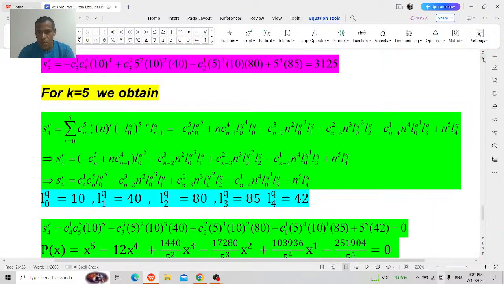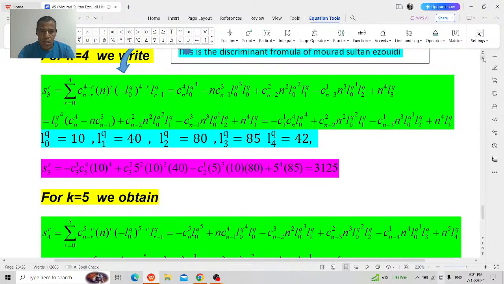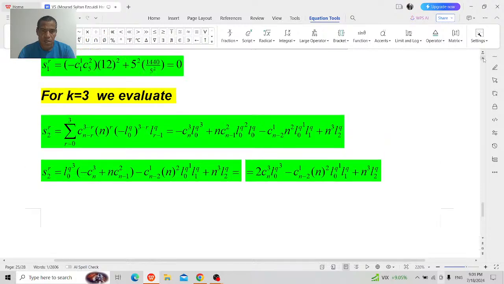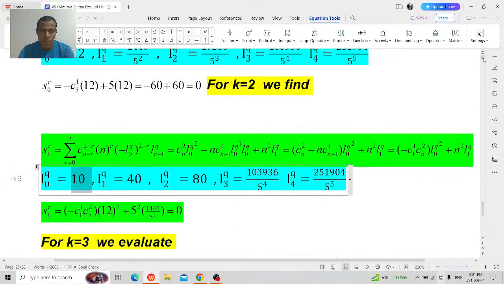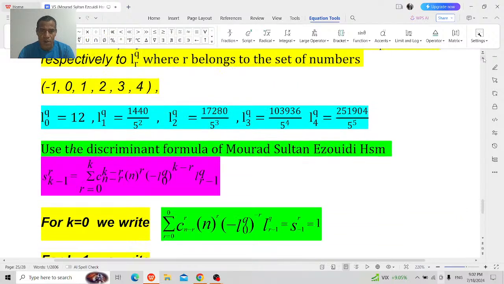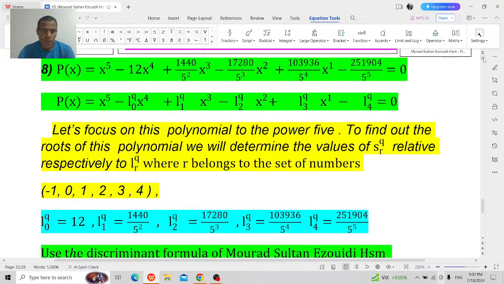Yes, this polynomial you are going to solve, learners. It's an occasion again to learn from you how to find the exact roots of any polynomial to the power 5. So this is my polynomial to the power 5, x to the power 5 minus 10x to the power 4. Okay, let's work.